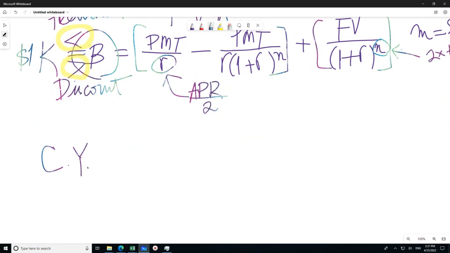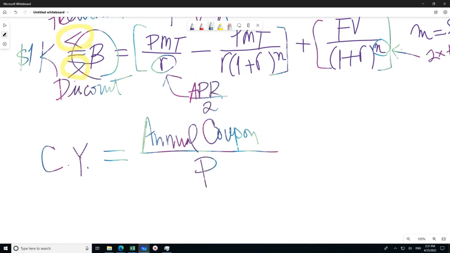Current yield, and yield is annual coupon over the selling price of the bond. Okay, now yield means annualized return.